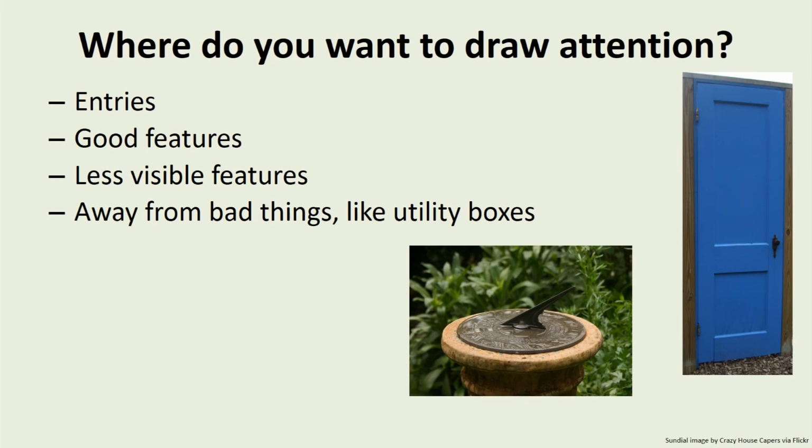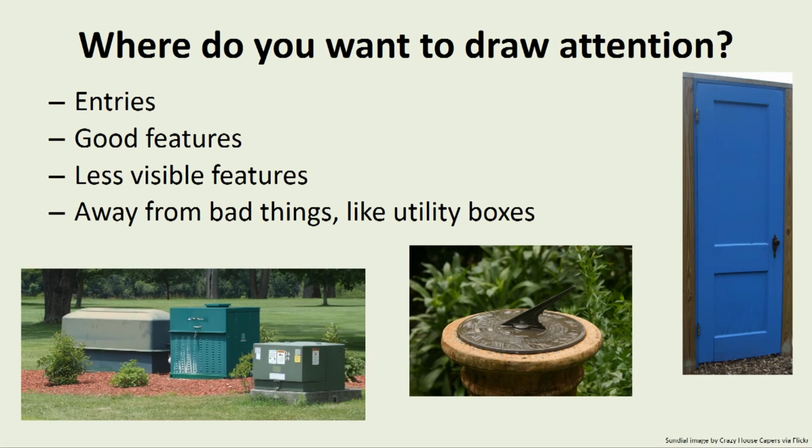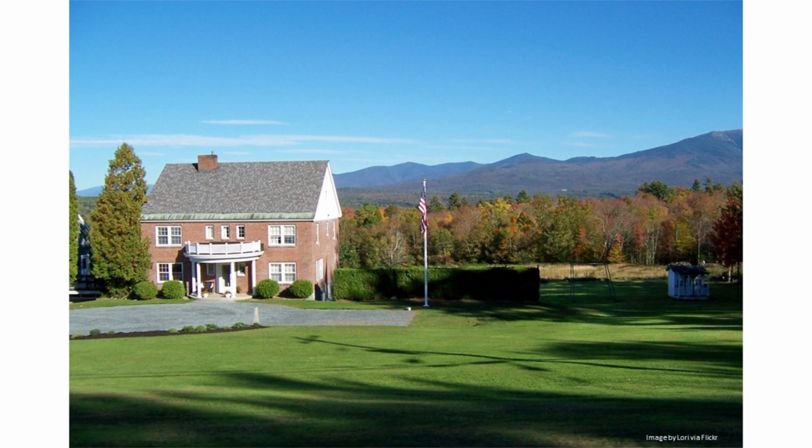Maybe a small sculpture or a small piece of garden art or a pond that's not real visible on its own. And we also want to draw attention away from bad things, such as utility boxes. So for example, if there's a mountain view in the distance or a special plant, you can use lines to draw attention to things that may not be real visible on their own.